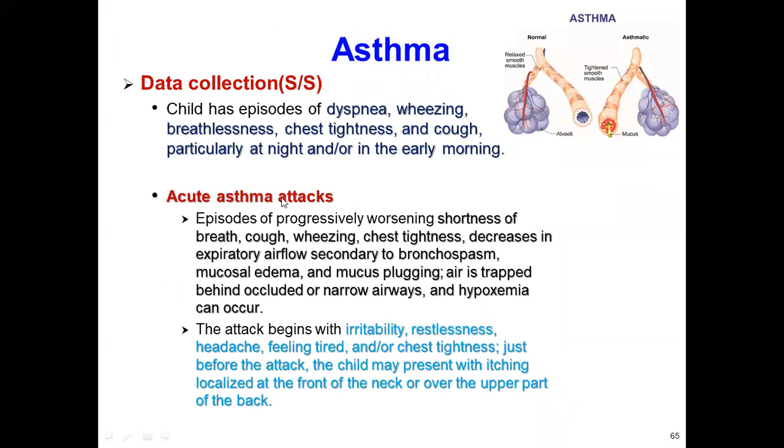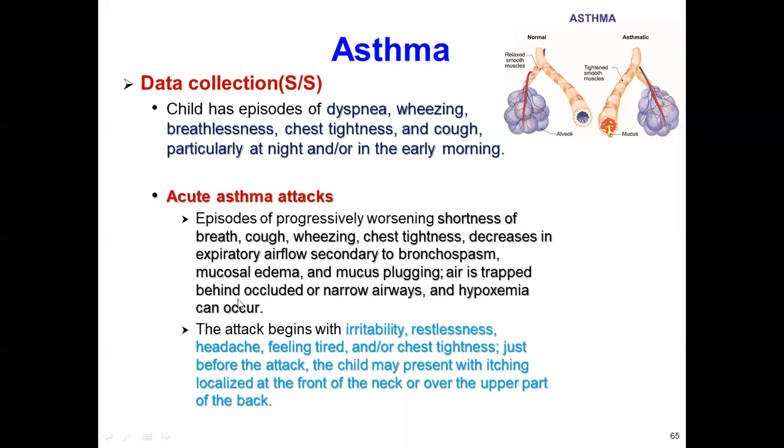Acute asthma attack: an episode of progressively worsening shortness of breath, productive cough, wheezing, chest tightness, and decreased expiratory airflow, secondary to bronchospasm, mucosal edema formation, and mucus plugging.